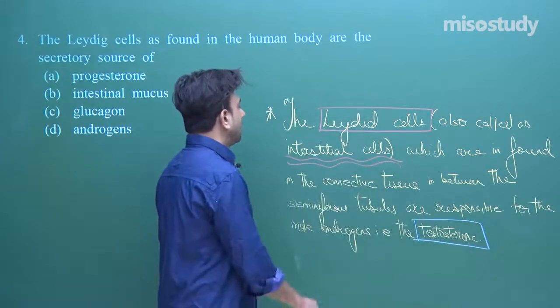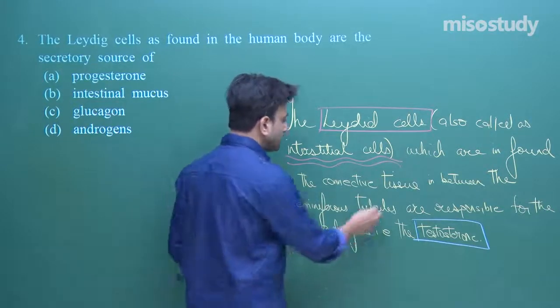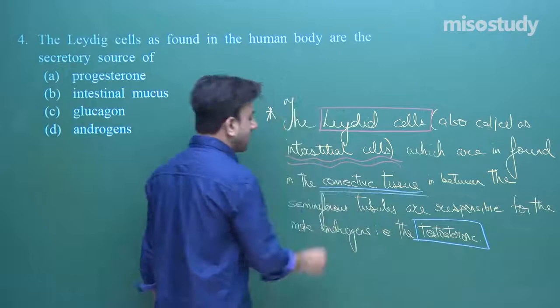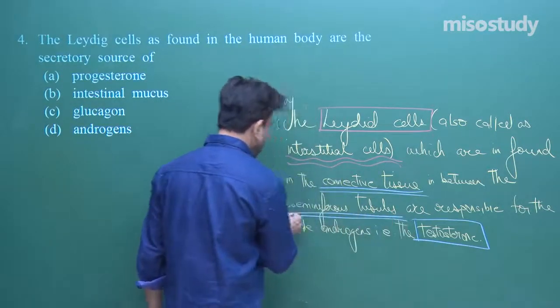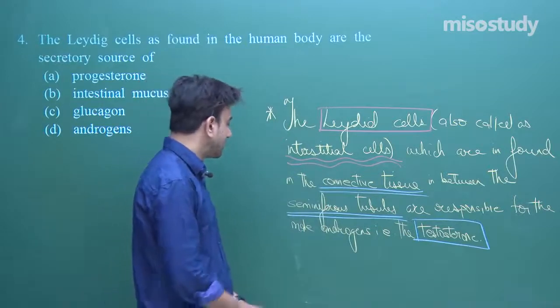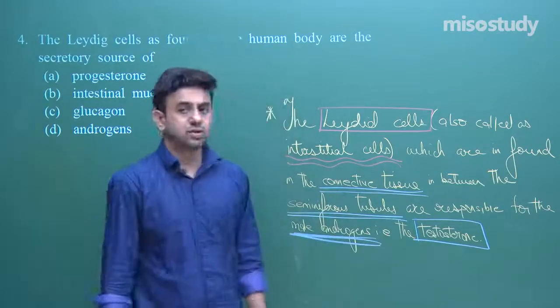Okay. So, the Leydig cells also called as interstitial cells, which are found in the connective tissue, in between the seminiferous tubules, are responsible for the male androgens, okay, that is the testosterone.